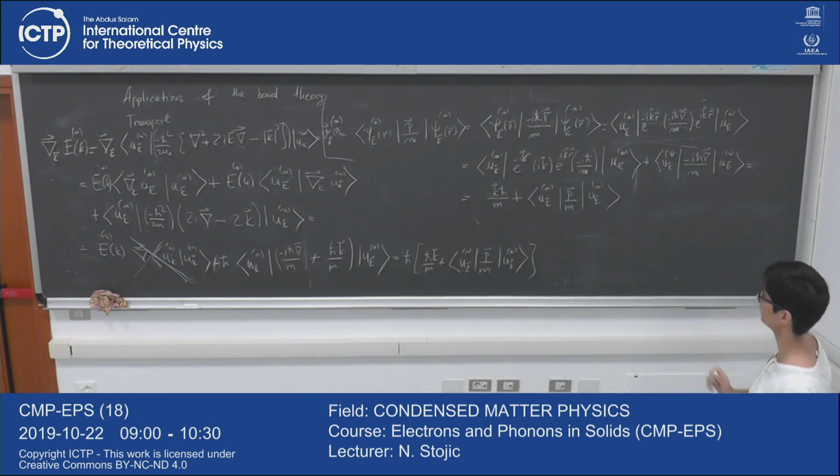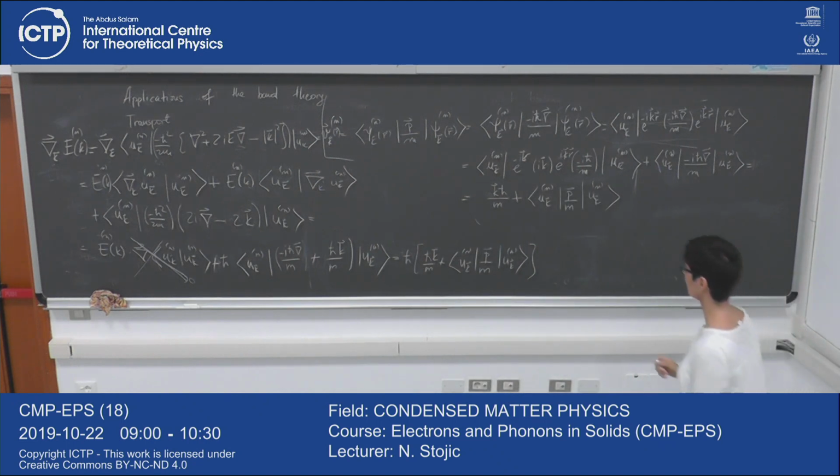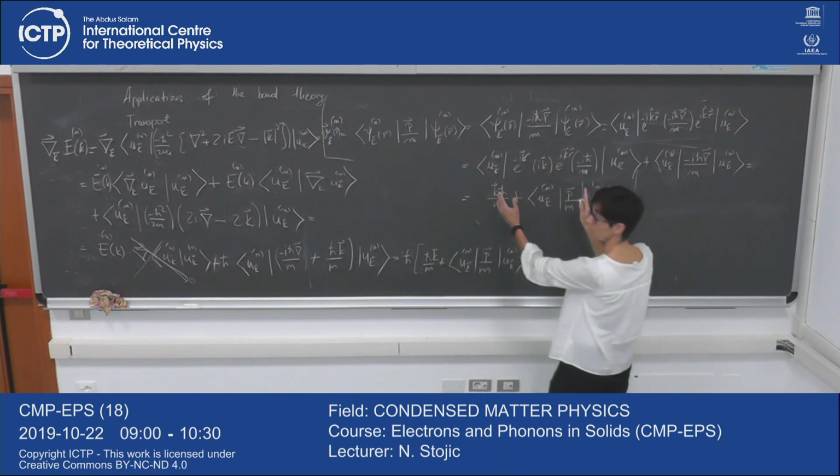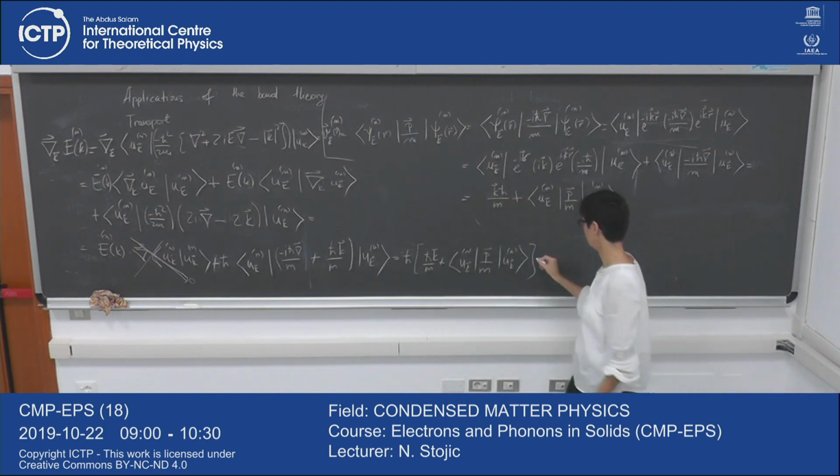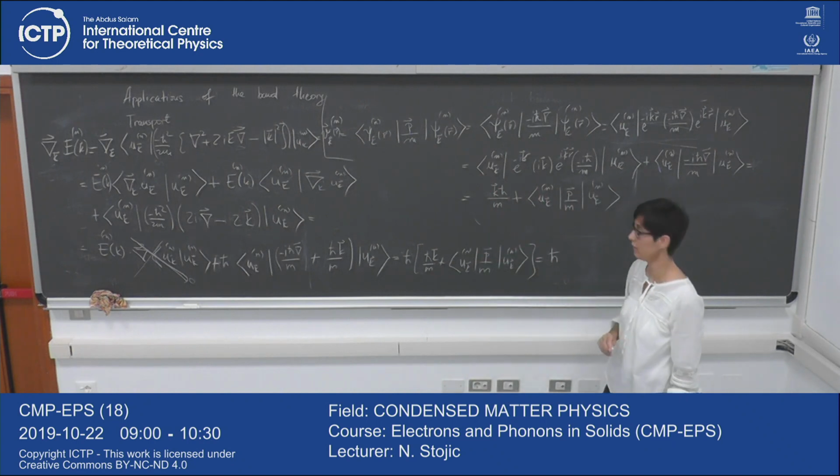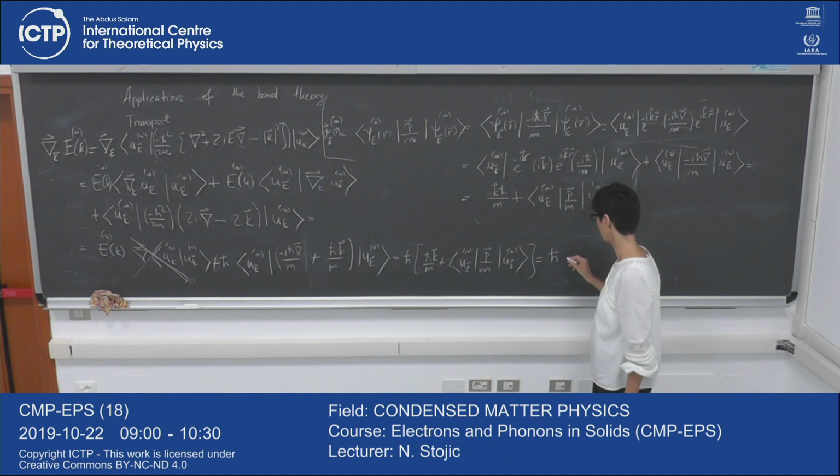Is everything correct? Yes. So this is just the same thing. So I'm writing that the gradient of energy in k is equal to h times the velocity.